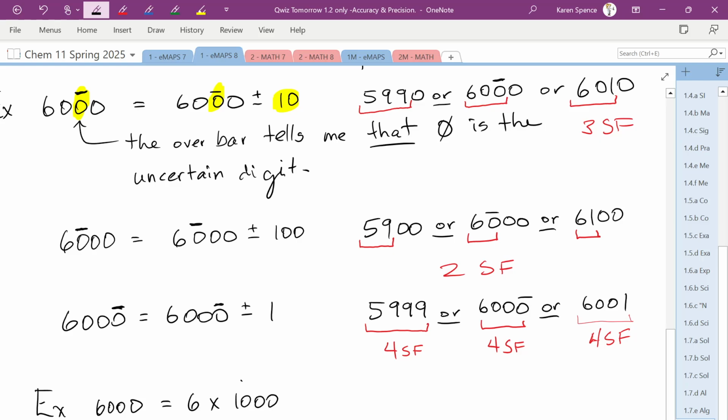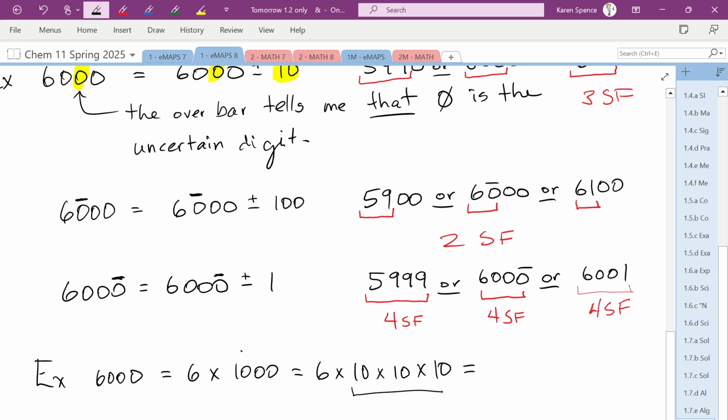Can we all agree on that? And can we agree that 1,000 is 10 times 10 times 10? And that 10 times 10 times 10 is 10 to the 3?